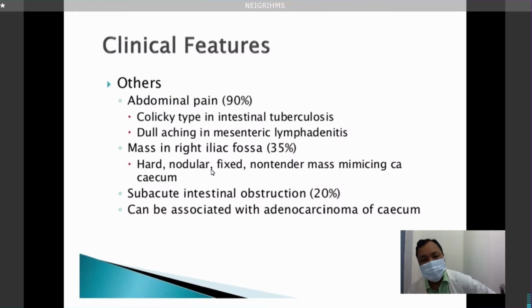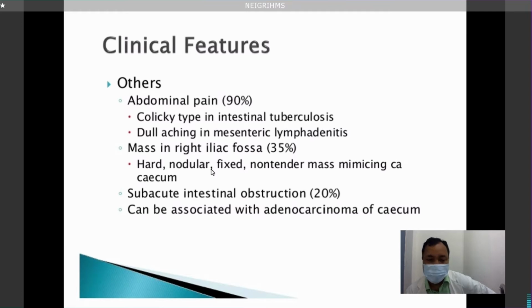Patients most commonly present with pain abdomen, and pain abdomen does not necessarily mean perforation. Pain can be of colicky type if it is because of intestinal tuberculosis, or dull aching type in mesenteric lymphadenitis. It will be just like any other features of obstruction. So we have to have a suspicion, especially in endemic areas.